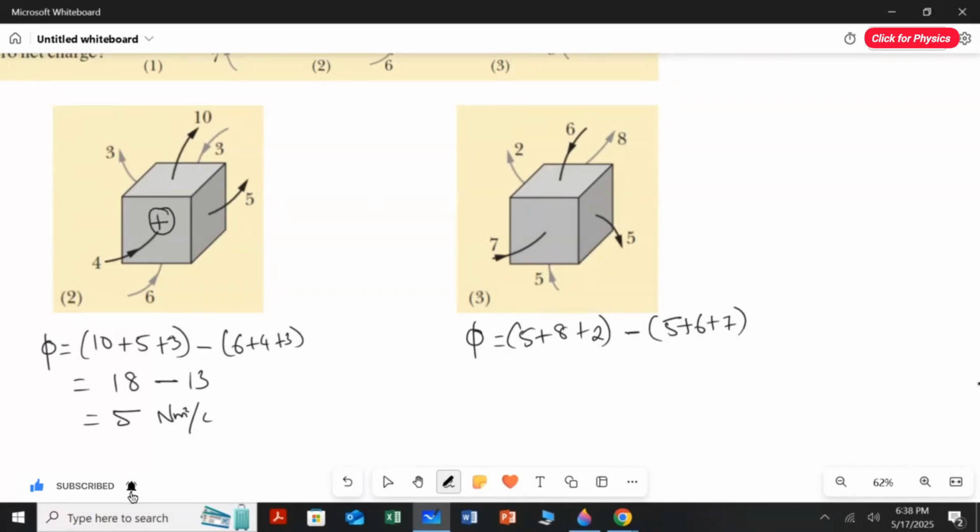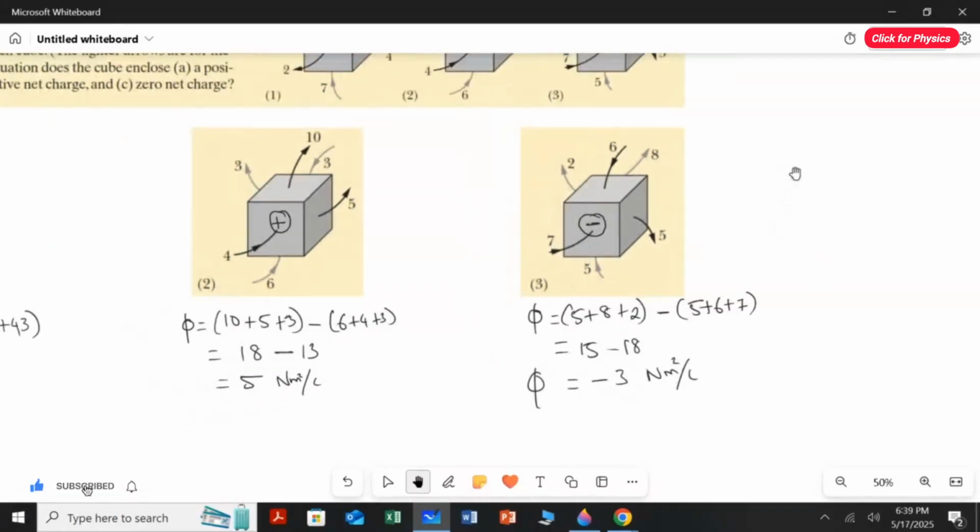Now let's see what value we'll get. 8 plus 2 is 10, 15. Here minus 13 plus 5, which is 18. So here we got the flux value of negative 3 Newton meter square per coulomb. So we have a negative value of the flux. What charge is inside? Negative charge is inside.